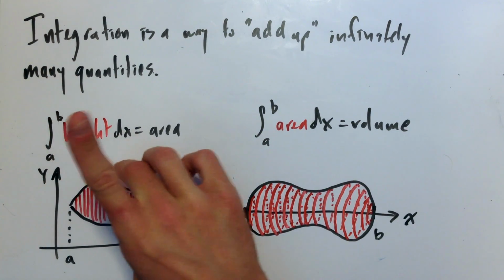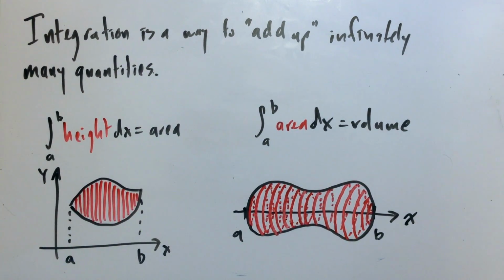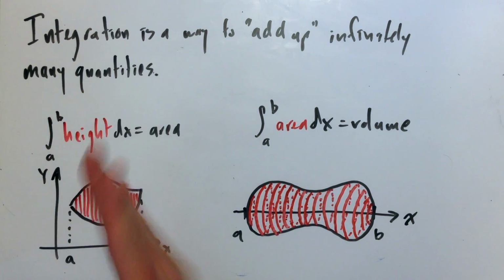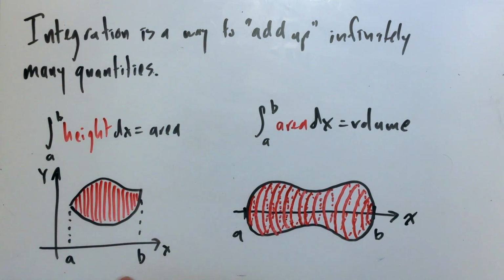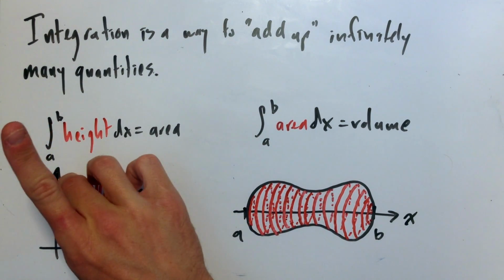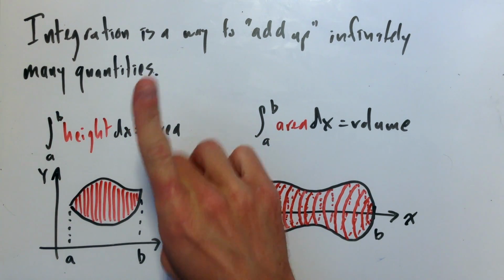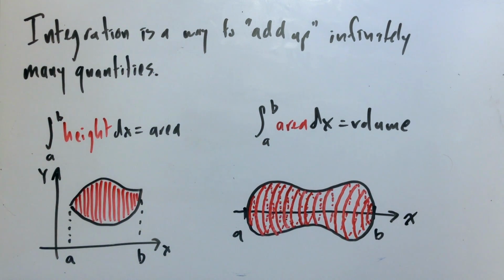In a sense, we're thinking of the integral as adding up all of these slices, because if we chop up this entire region into a bunch of vertical lines, one for every number x between a and b, and put them together geometrically, we get the area. And the integral is supposed to represent, in this mindset, taking all of these lengths and adding them up to get an area.